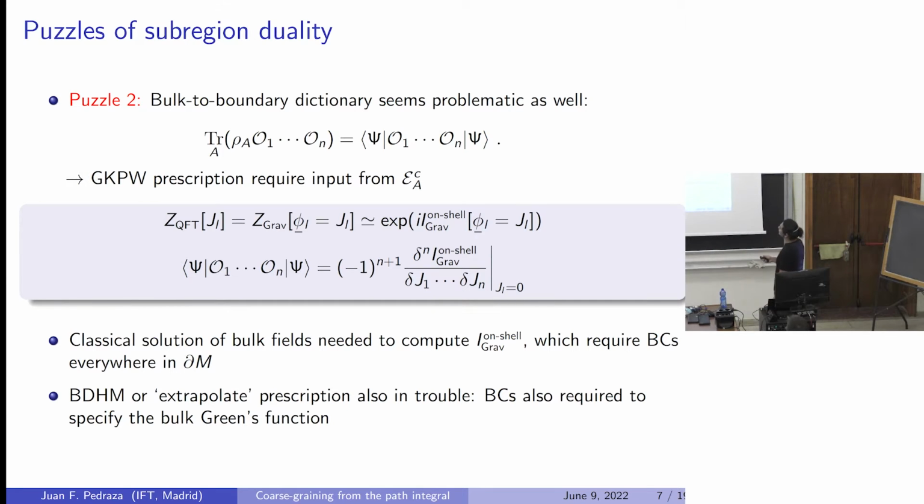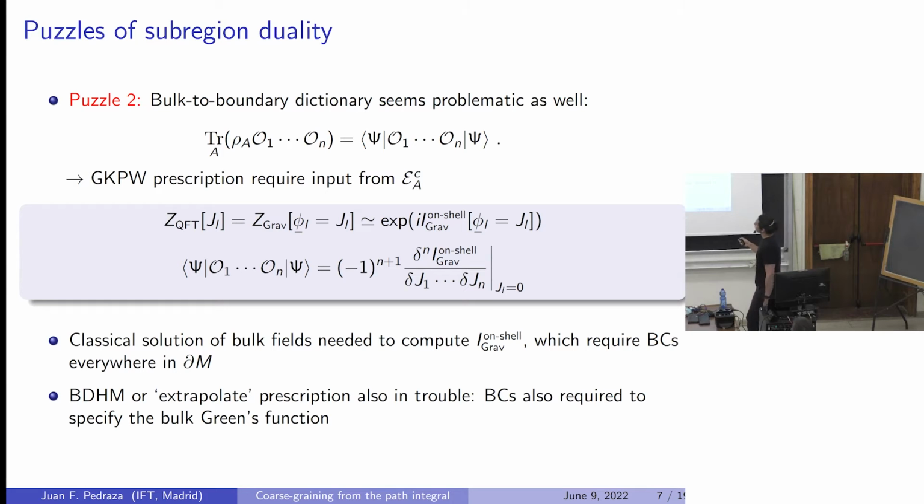So here I'm summarizing the way we compute correlators. You equate the partition functions, and at least at large N, you can approximate this on the gravity side using the saddle point. It boils down to computing this on-shell action. And then you can differentiate and so on and compute the correlators.